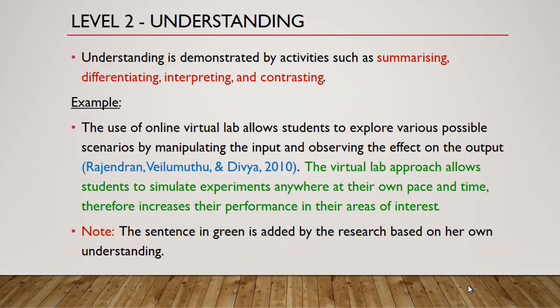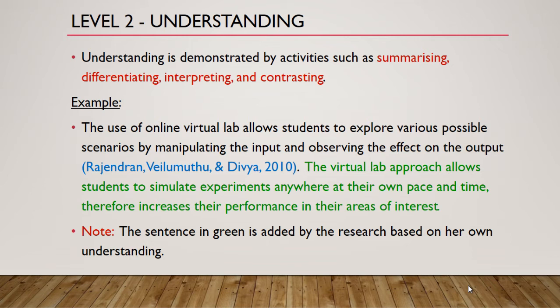So basically this is an addition, and this addition does not contradict what has been paraphrased, but it adds some richness to the actual literature. So it adds value to this.